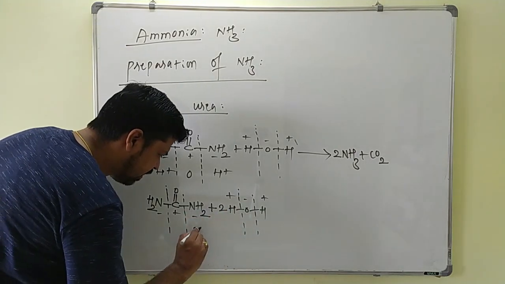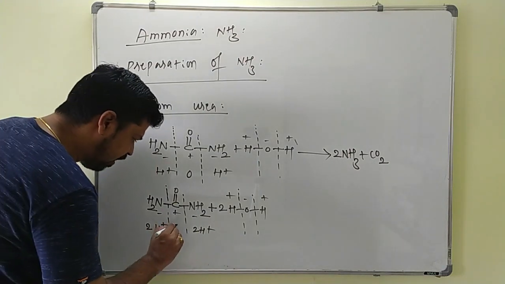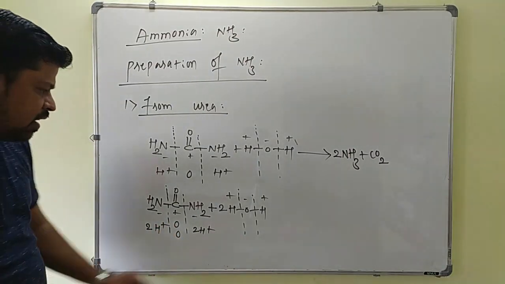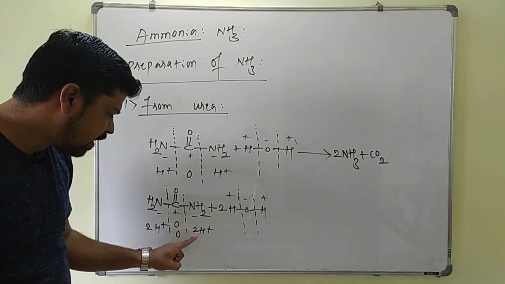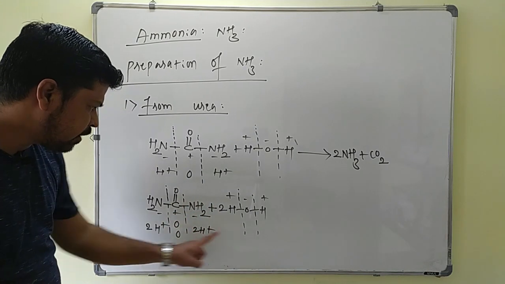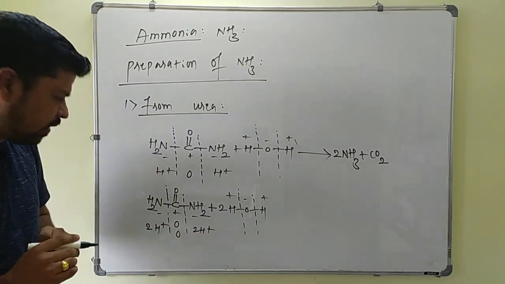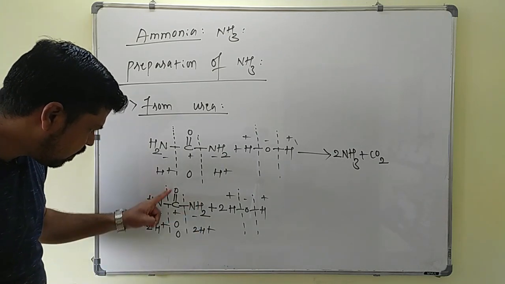You add 2H plus here, and the remaining 2H plus here, and you add the 2 oxygens here. The negative reacts with positive, and the positive reacts with negative. Oxygen you add here. What does it become? NH4 plus.